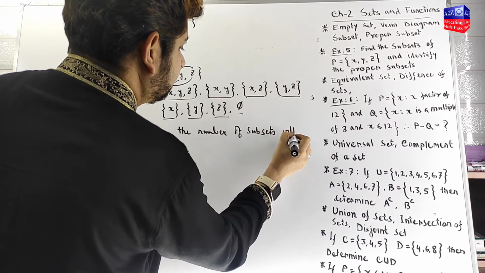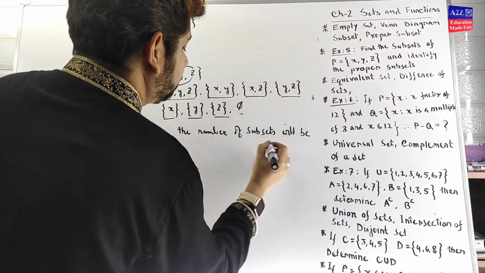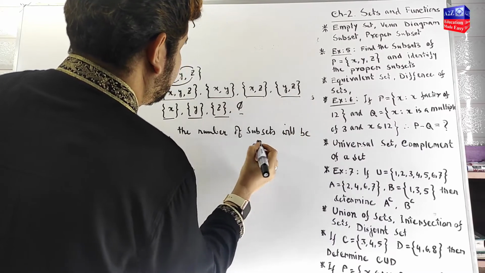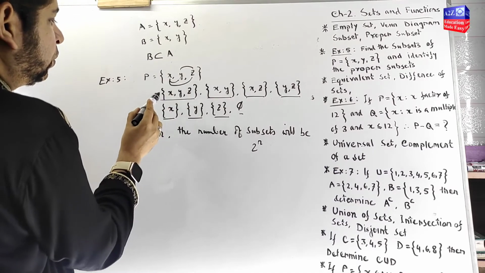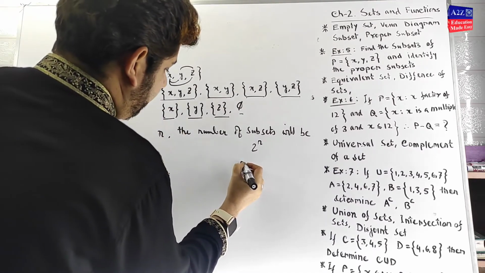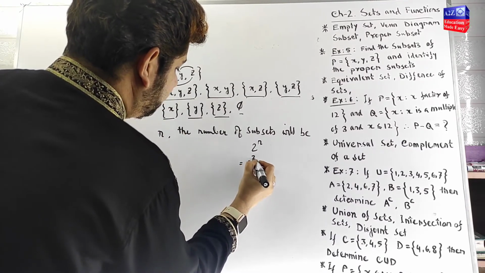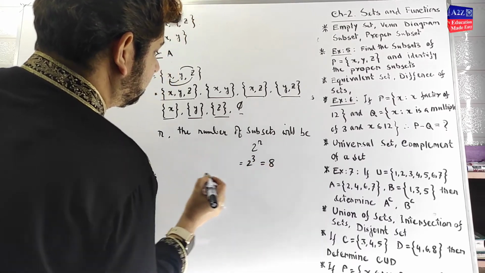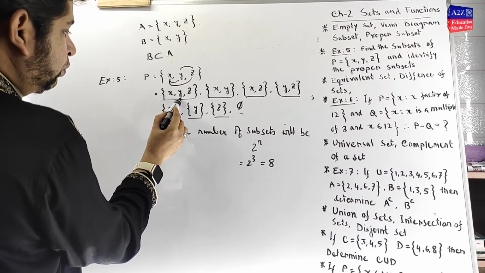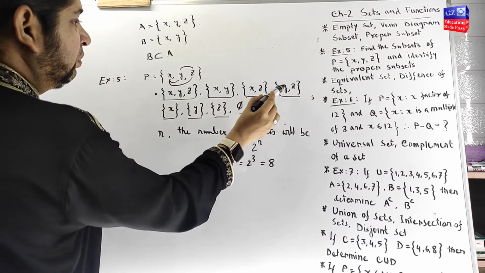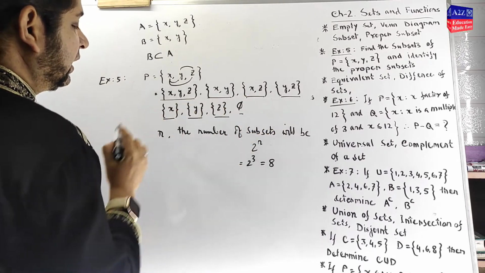Here it contains 3 elements. So the number of subsets will be 2 to the power 3, which means 8. You will find 8 subsets: X, Y, Z, 1, 2, 3, 4, 5, 6, 7 and 8.